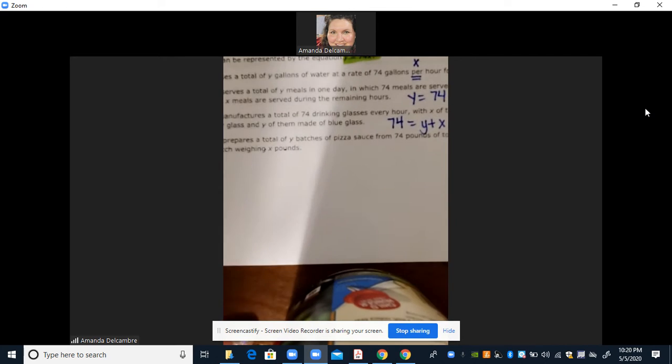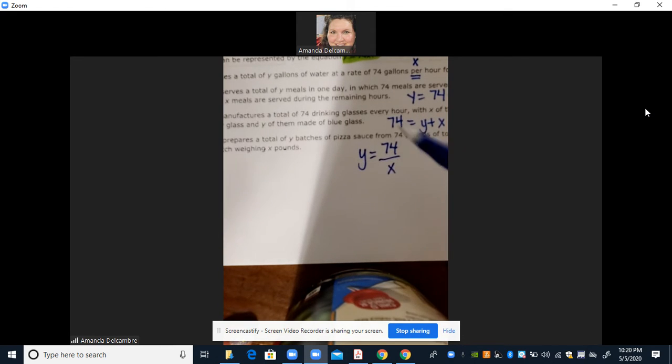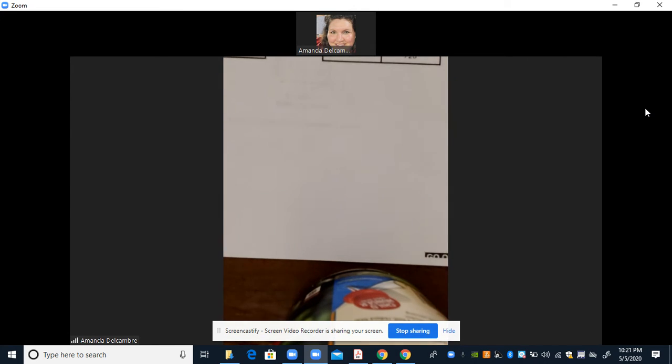So that would kind of look like Y equals 74 over X. So to find how many batches, you have to take the amount of tomatoes and divide that up to figure out how many batches you have. So which one of those represents a multiplicative relationship? Multiplicative relationship. That was number 35.